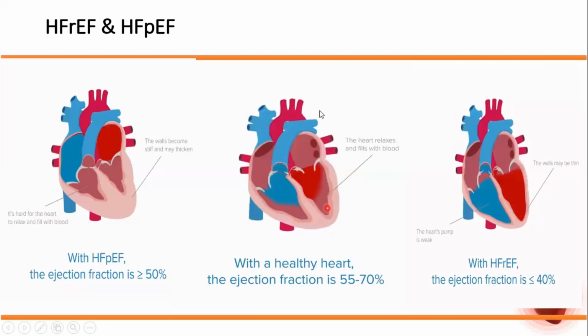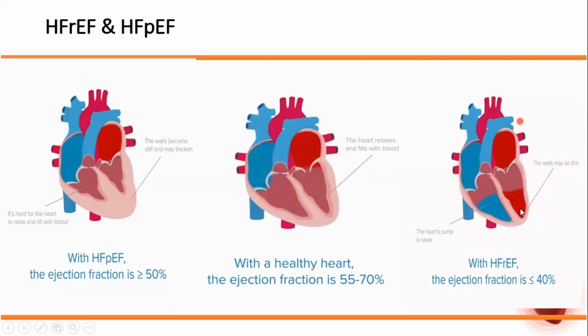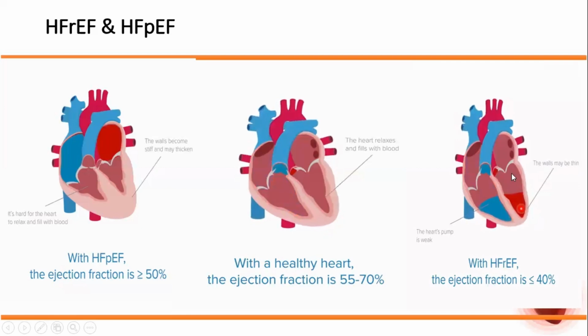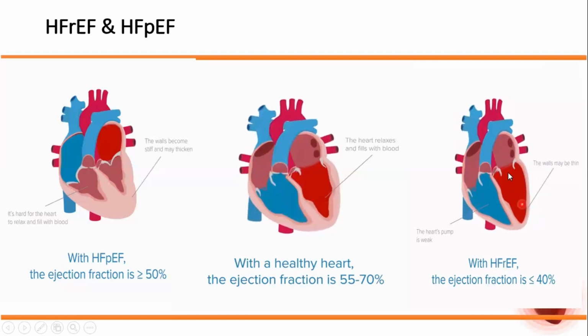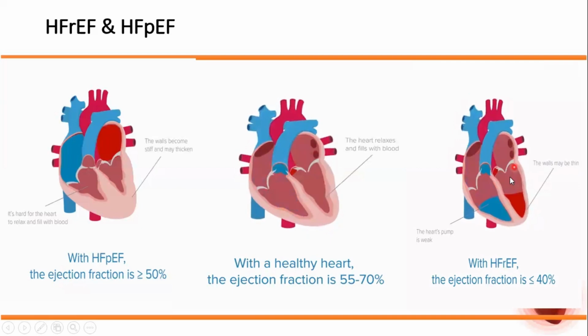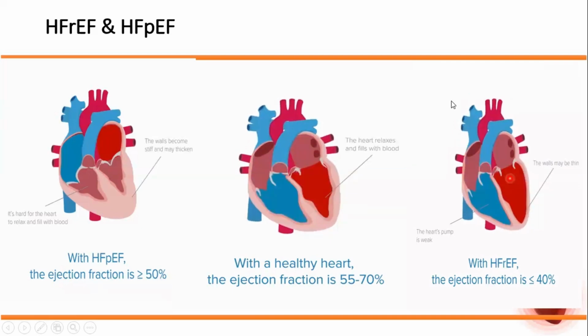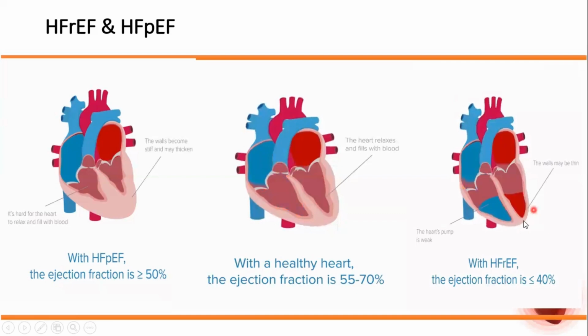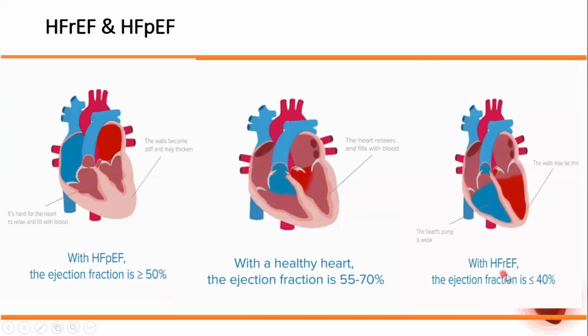But with reduced ejection fraction, the blood comes in, but not all the blood goes out. This leads to less blood pumped out of the heart, leading to heart failure with reduced ejection fraction. So importantly, we have to understand what ejection fraction is.